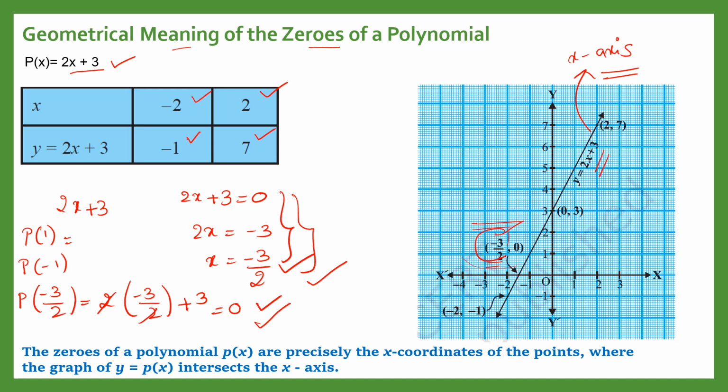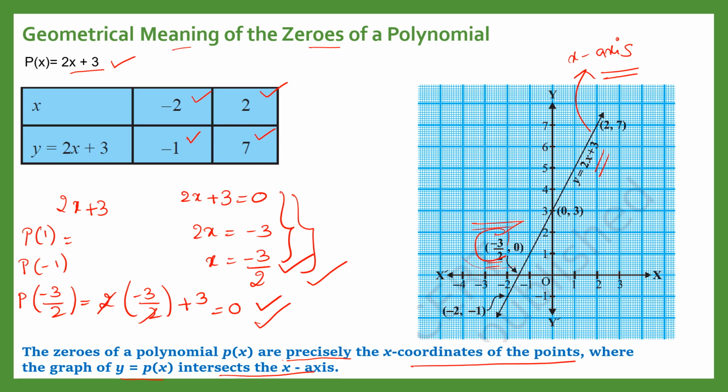If you plot the graph also, it met the x-axis at minus 3 by 2 comma 0. So you should see the x coordinate of the point where the line met the x-axis. Then you will find the zero of the polynomial. Zeros of the polynomial p of x are precisely the x coordinates of the points where the graph y is equal to p of x intersects the x-axis.